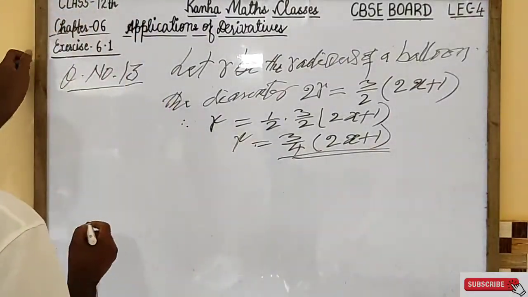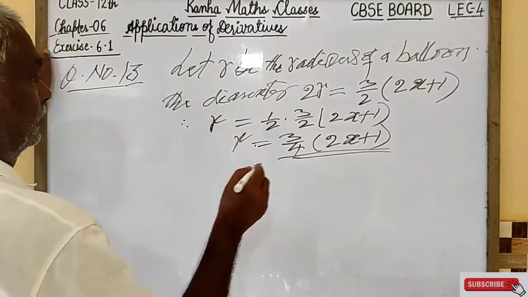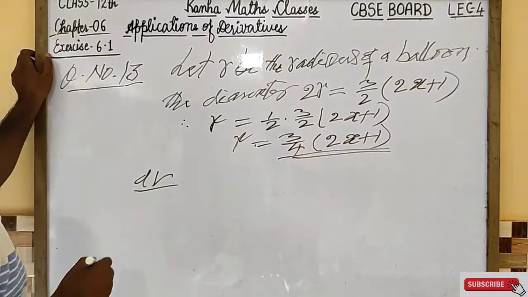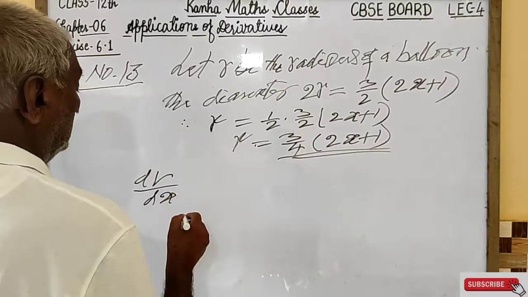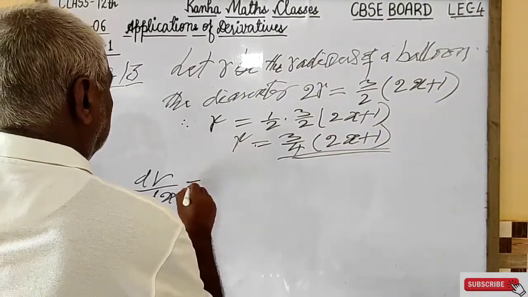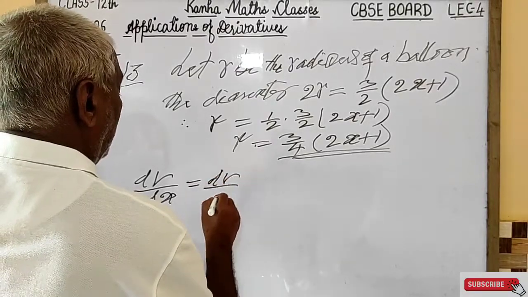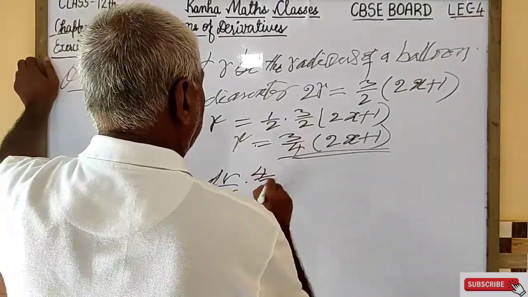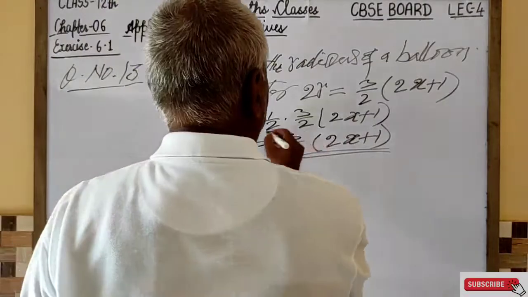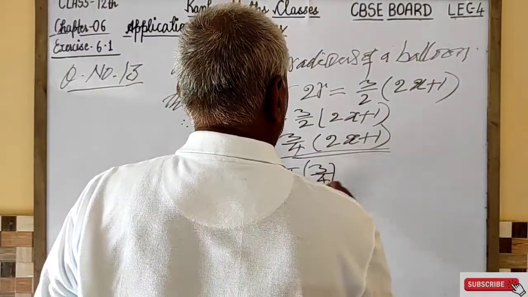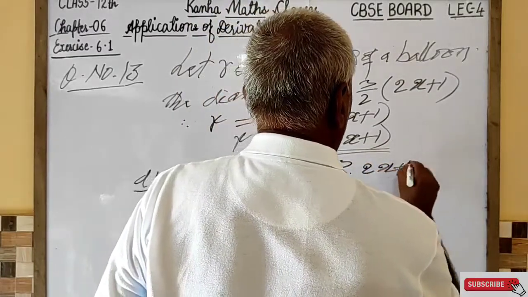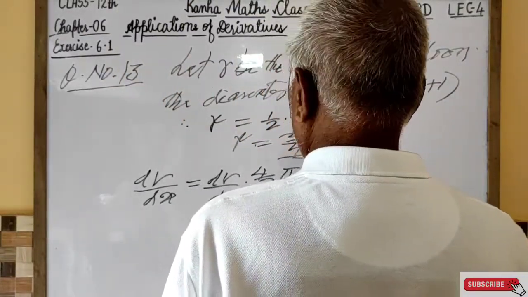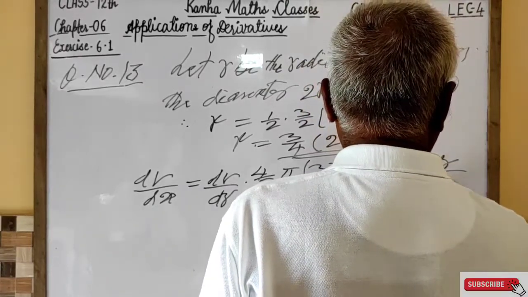Now we have to find out the rate of change of the volume of the balloon with respect to x. dV by dx means dV by dr, and V is 4/3 pi r cube, where r is 3/4 (2x plus 1), into dr by dx.